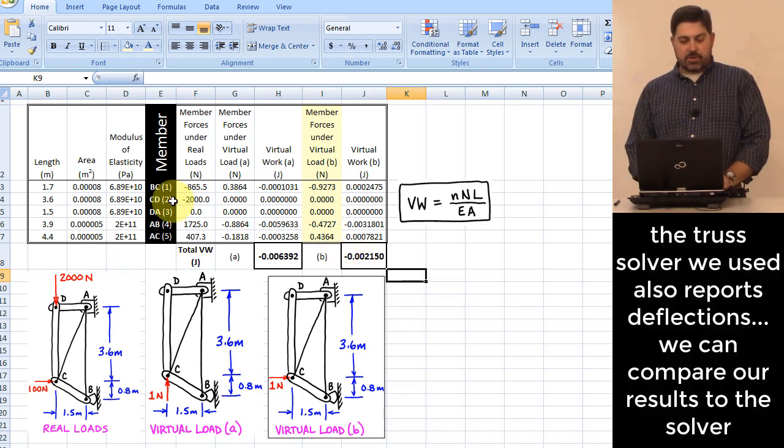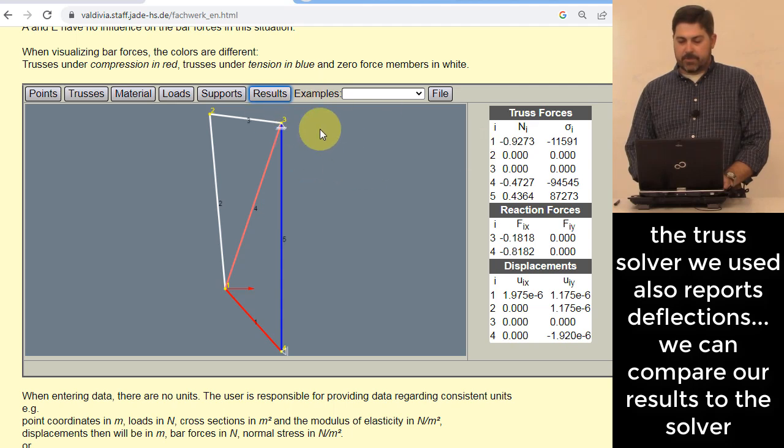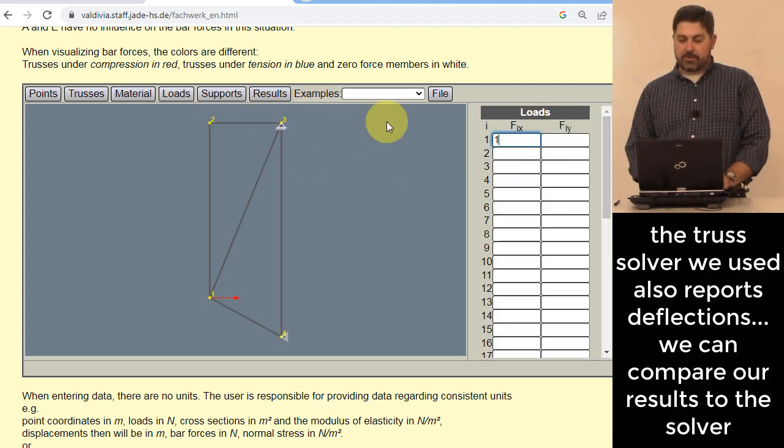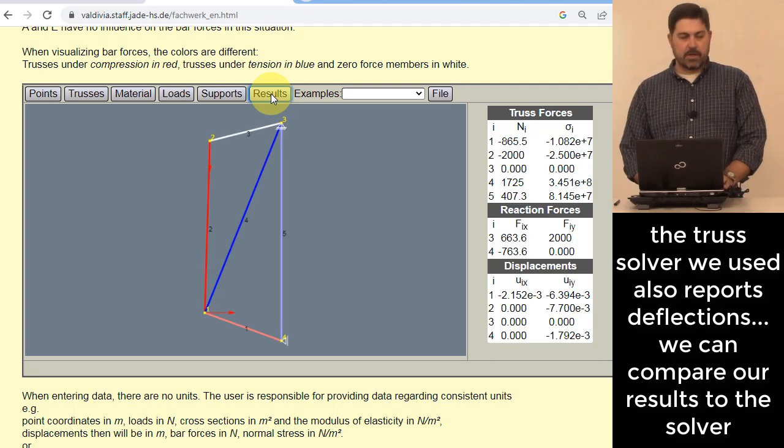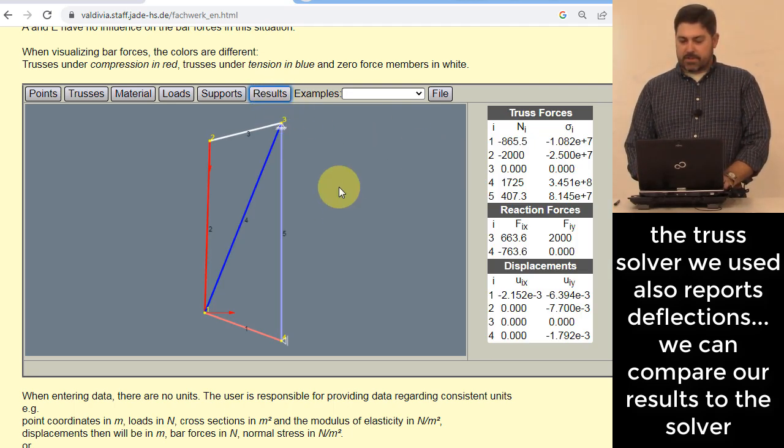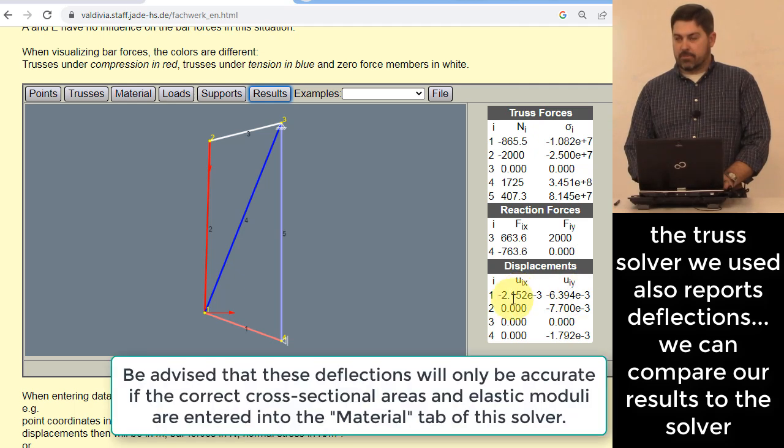Now, let me show you something else that's kind of fun. If I go back to the original loading case, go back to loads again, take off my virtual loads, and put back on the actual loads that were being applied, which I think was those two like that, and look at these results, it will tell me in this little app what the deflections are going to be for joint 1 in both the X and Y directions, right?